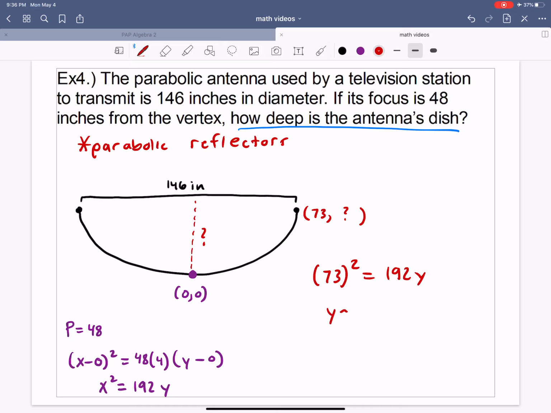Again, I know a lot about math, but I don't know 73 squared, so I'd punch that in my calculator. I get 5,329, and then I'm going to divide that by 192, and I get 27.755 inches. So the depth of that satellite dish is 27.755 inches. So, in fact, the focus point is actually on the exterior of that satellite.